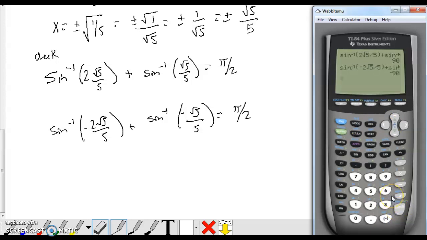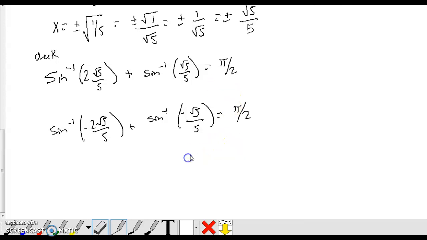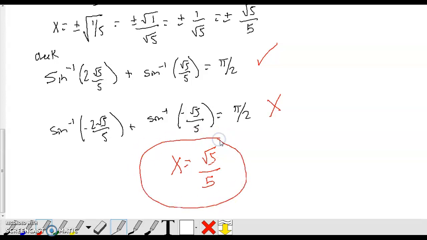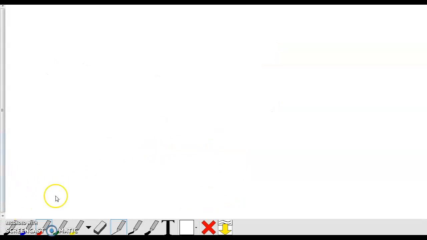Notice I get negative 90 degrees. So what I know is that this one worked and this one didn't. So my answer is just x is equal to root 5 over 5, the only positive answer.